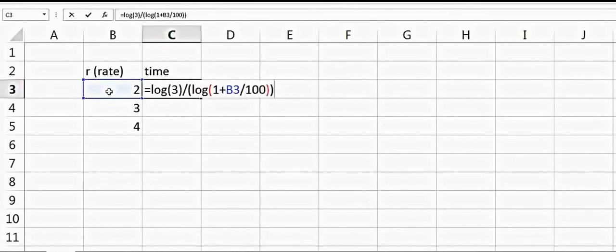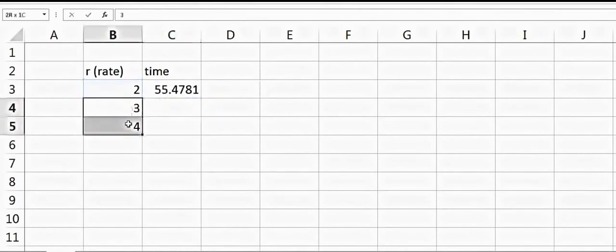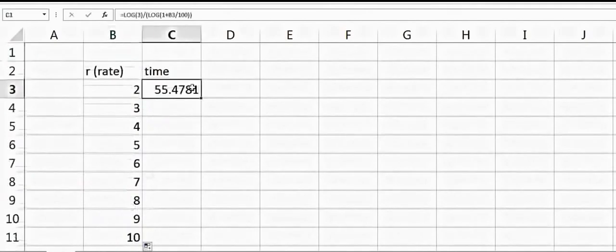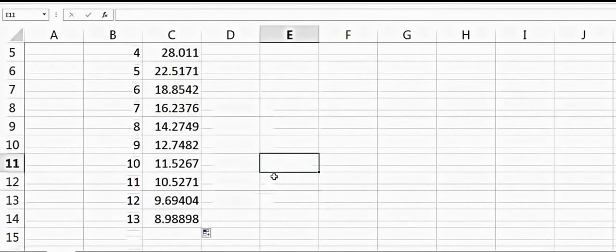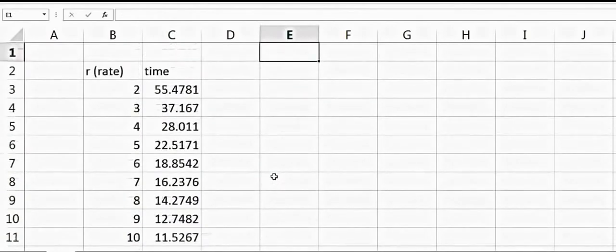So this should be our time. Now we can keep extending this rate to, suppose, 13%, and we can calculate the time for the investment to become 3 times for all these years. So that's how we get the time.